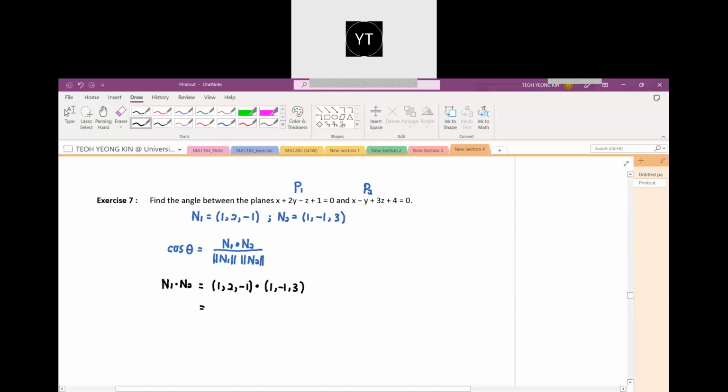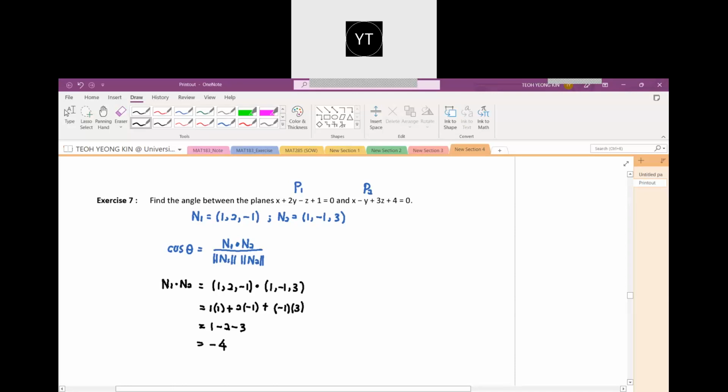So the dot product will be 1 times 1 plus 2 times negative 1 plus negative 1 times 3. Since it is negative, we put a bracket. So from here it is 1 minus 2 minus 3. 1 minus 2 is negative 1, minus 3 is negative 4.